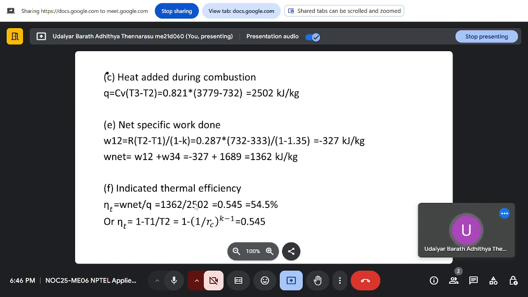So 1362 divided by 2502 comes out to be 54.5%. And if we use the formula 1 minus 1 by RC, where RC we can write in terms of temperatures, T1 by T2 will give me 0.545, which is the same as what we got.